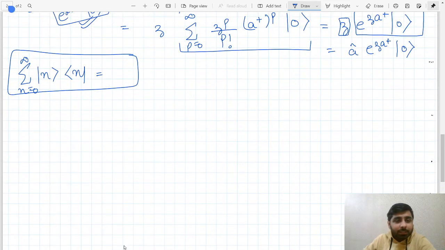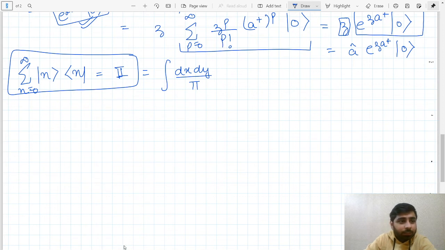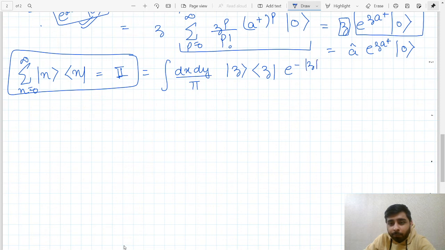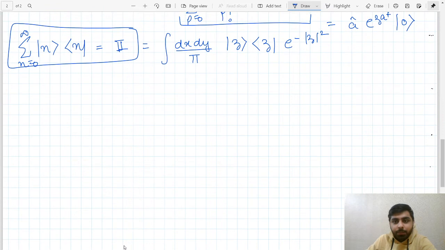The point is this is equal to I, and the claim is that this closure relation is written like this for the coherent states, and I'm going to prove it just now.